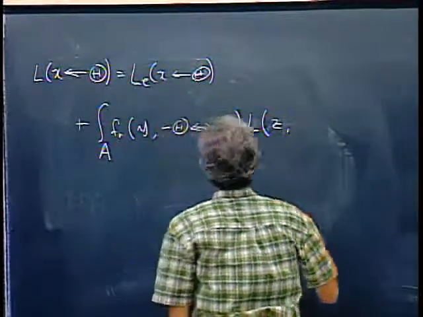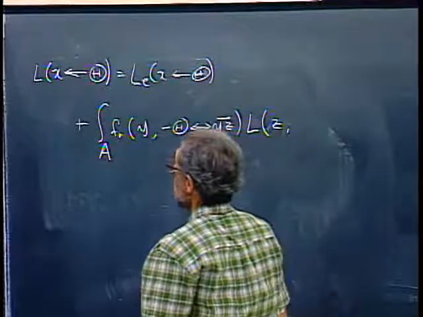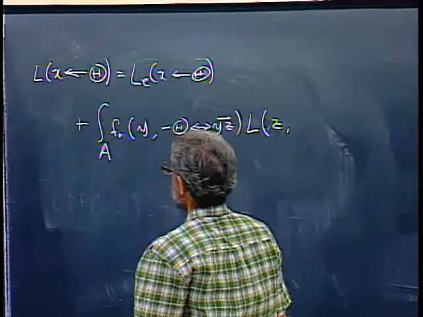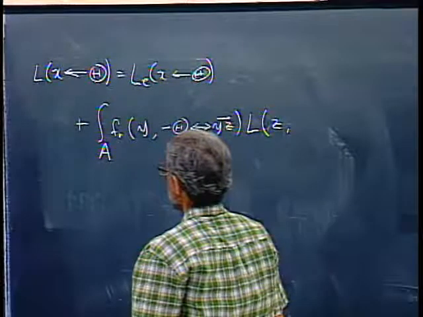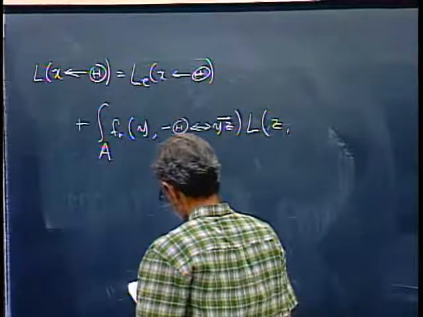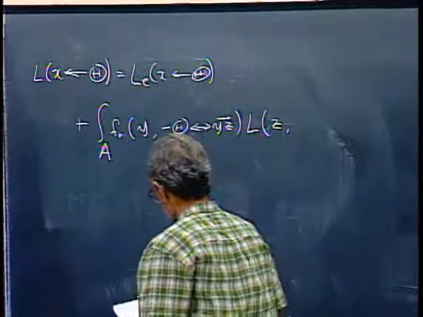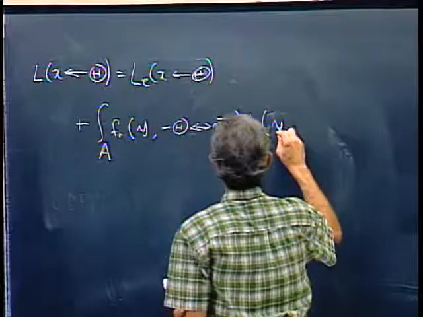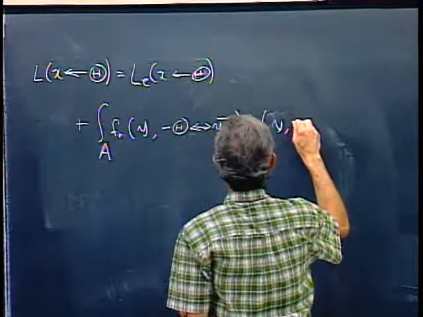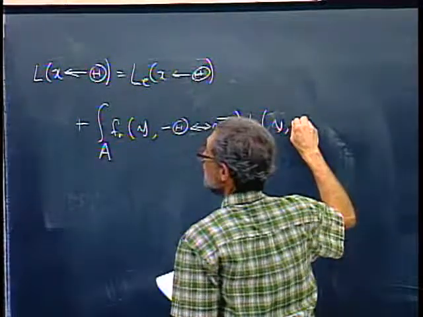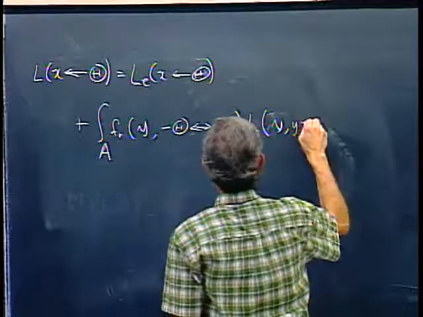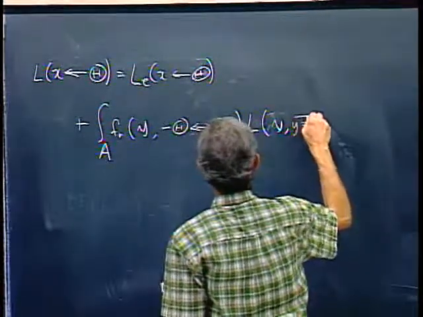z, let's see. How can I say this right? I guess what I have to say is it's incident at y from the direction y to z.